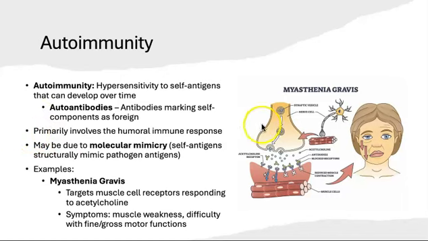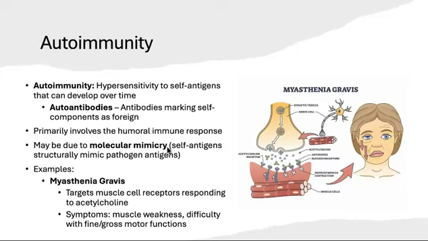So it'll primarily involve that humoral immune response because of those antibodies, right? And it may be due to something known as molecular mimicry. And this is when our self-antigens structurally are mimicking our pathogen antigens, kind of like that cross-reactivity that we were talking about earlier.